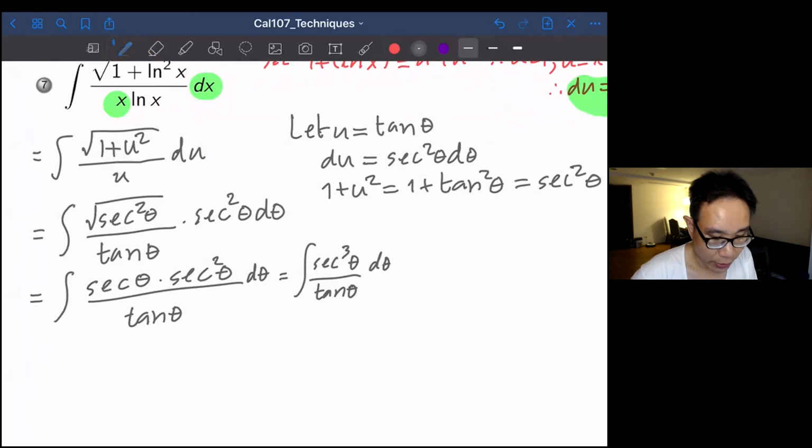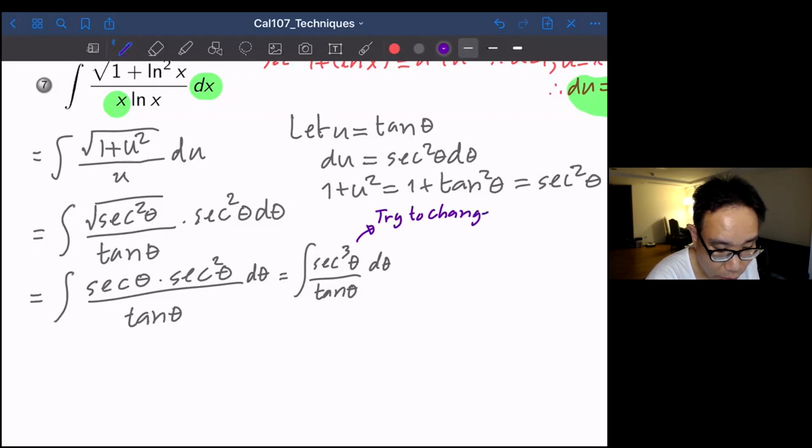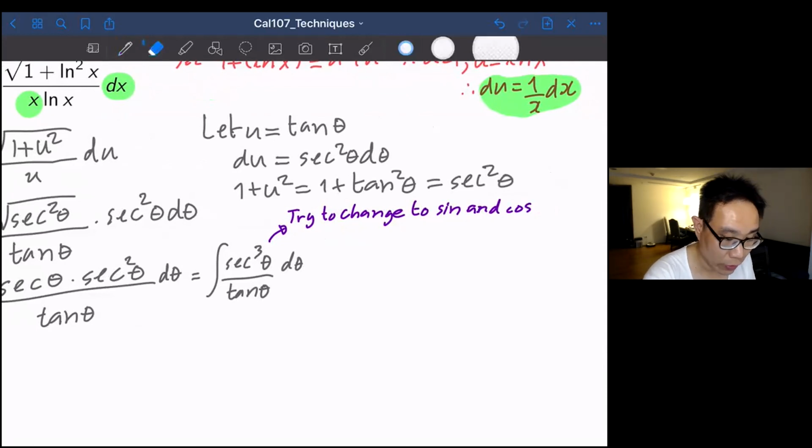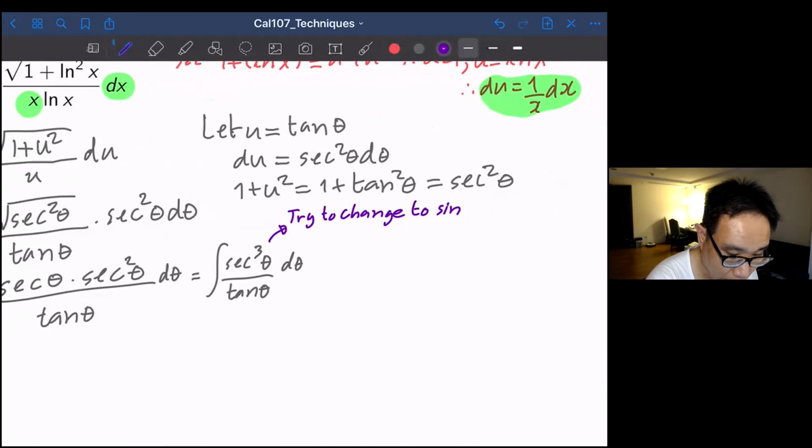This turned out to be the kind of thing that you're going to change into sine and cosine. So we're going to change to sine and cosine.